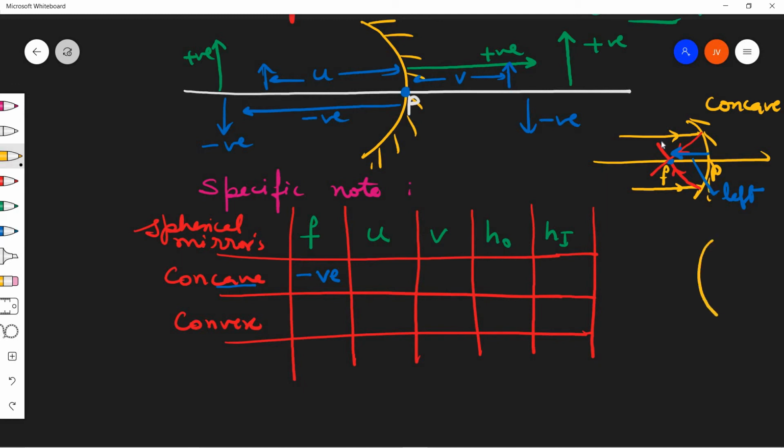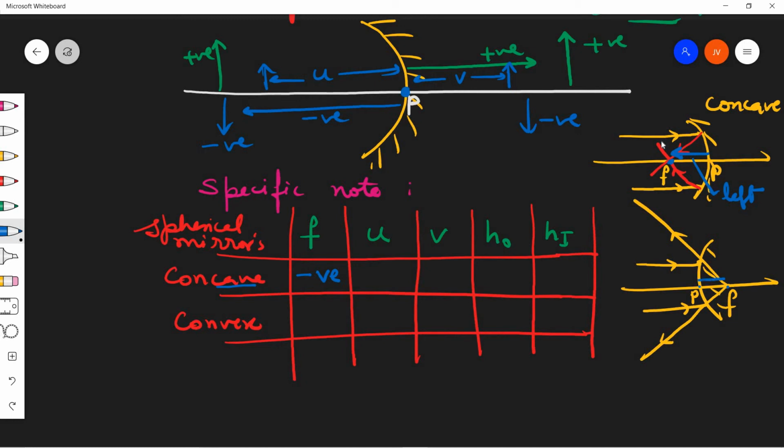But in case of convex mirror, the parallel beam of light rays after reflection appear to diverge from a point on principal axis. That point is known as principal focus, and the distance between principal focus and pole of the mirror is called focal length.